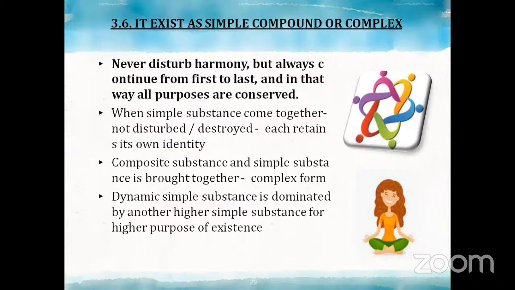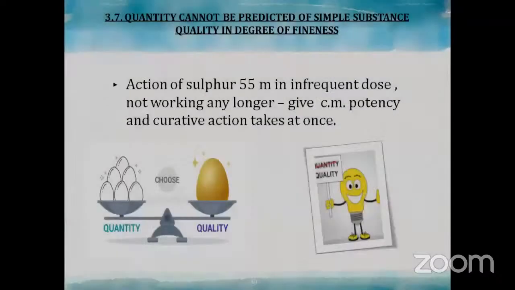The composite substance and simple substance are brought together and they form a complex. This dynamic simple substance is dominated by another higher simple substance for the higher purposes of our existence. And they never disturb each other's harmony. They all continue from the first to last, and they are all conserved for the same purpose.